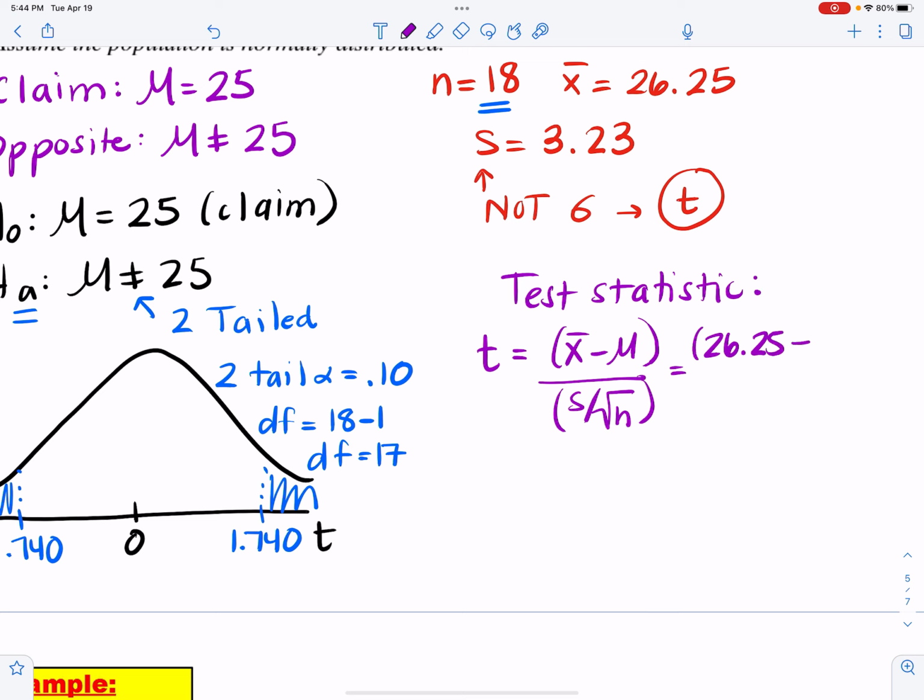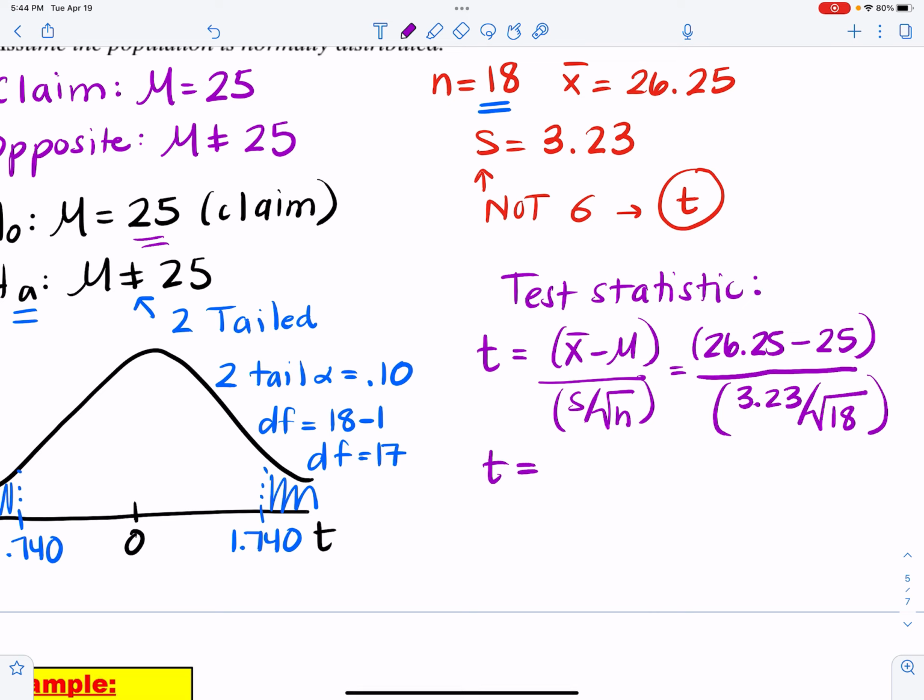You subtract the value of mu, that's what you're testing. So over here we're looking at a value of 25. And you divide by standard deviation, this is S here because we don't know sigma, over the square root of the sample size n.